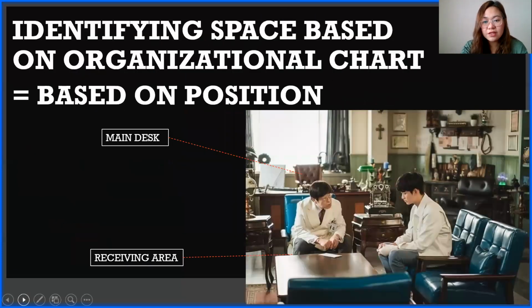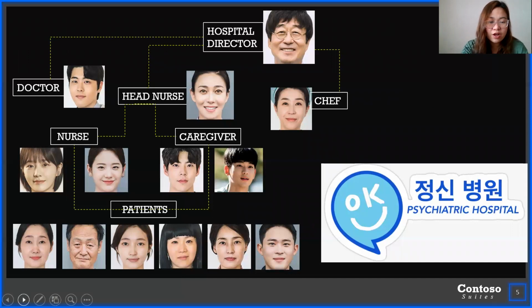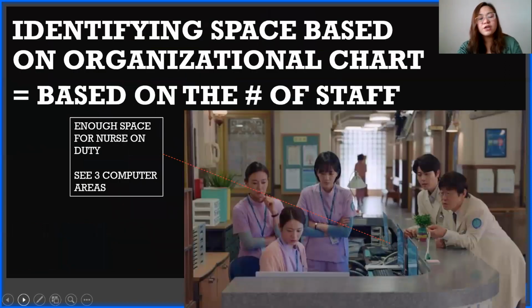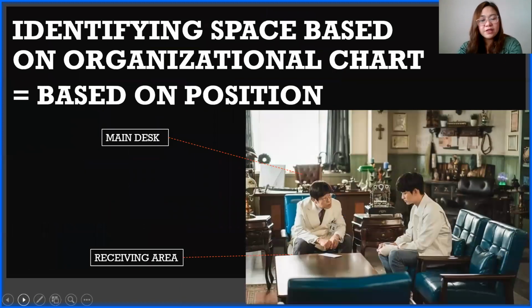So, kahit sabihin natin na mas malaking space dapat si nurse station because andun yung head nurse, and then duty yung nurse and the caregivers, mas malaki pa rin ang magiging office ng hospital director because of his position. Sa lahat naman na napapanood nyo siguro or alam natin, karaniwan, we have a separate office for each head of the department.